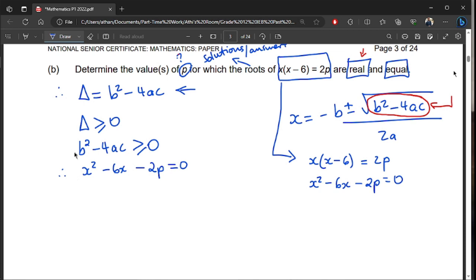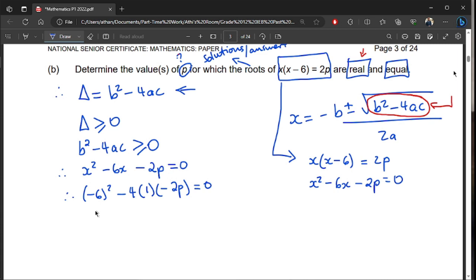Then to substitute now, for our roots to be real and equal, the value of b is negative 6. You square that, minus 4. A is 1. And then c is the third term or the last term, which is negative 2p. Now this will help us to find the value of p.